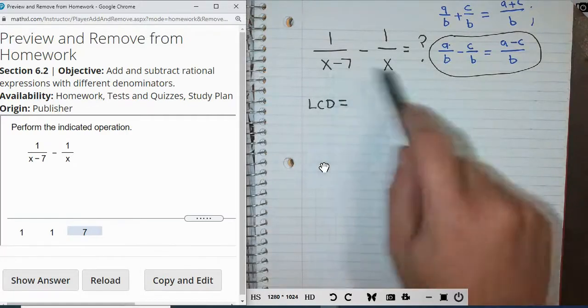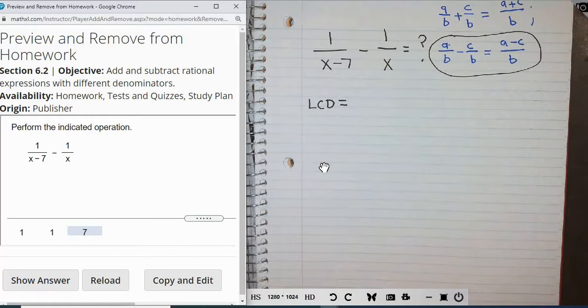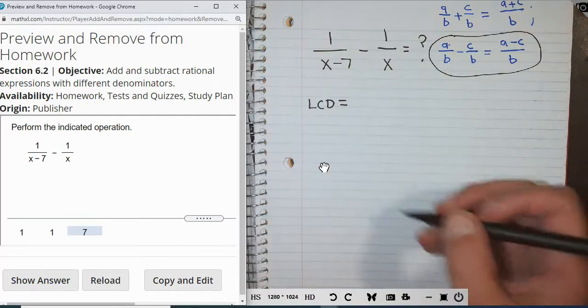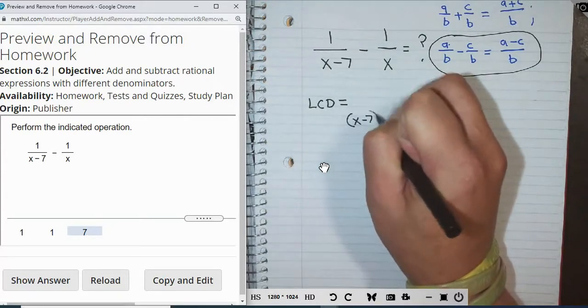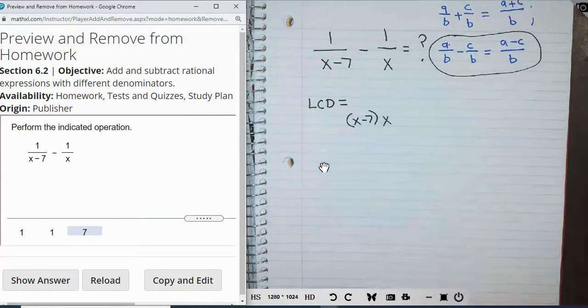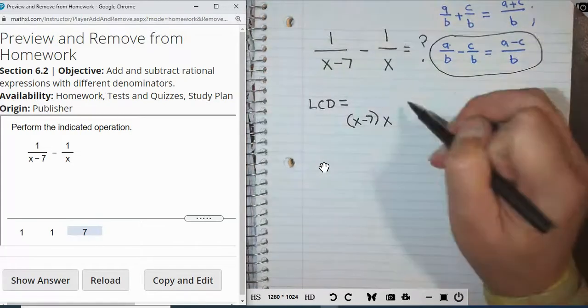So first, notice our denominators are already factored, and notice they only occur once in each denominator. So in this case, our LCD is just going to be the product of these two denominators here, which would be x minus 7 times x, the product of our two denominators there.